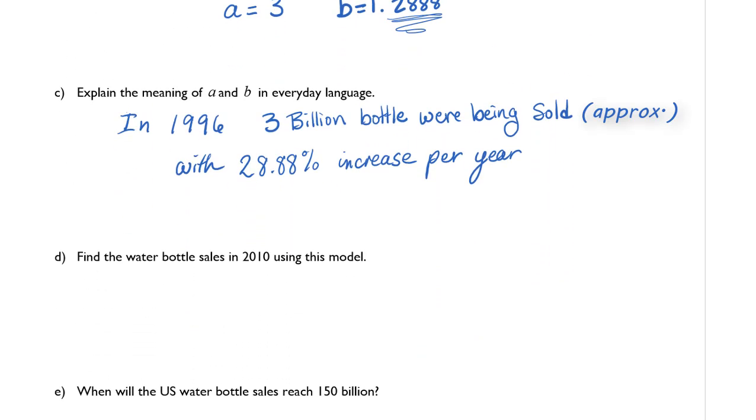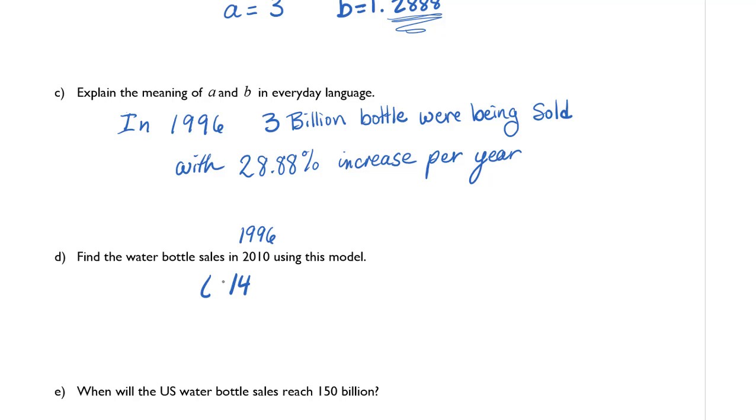Find the water bottle sales in 2010 using this model. All right. Well, if we had 2010 and we started calculating in 1996, that would be 4 years from 2000, so 14 years later.